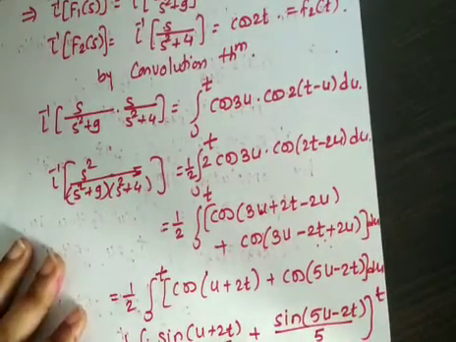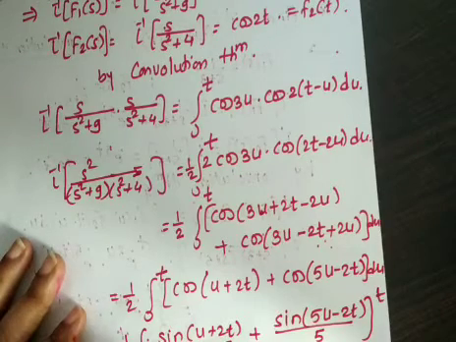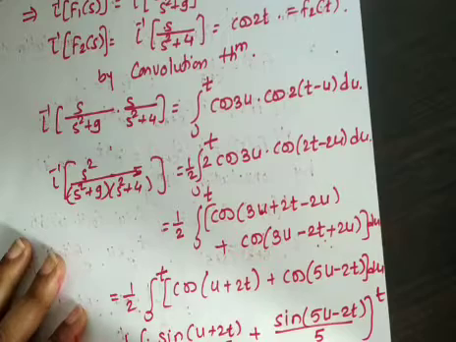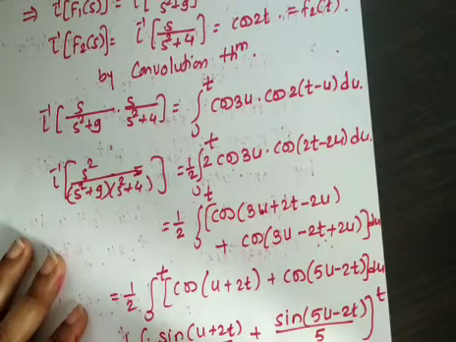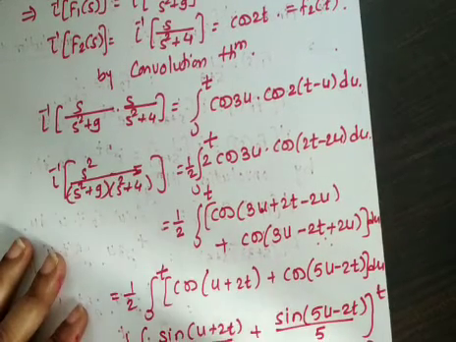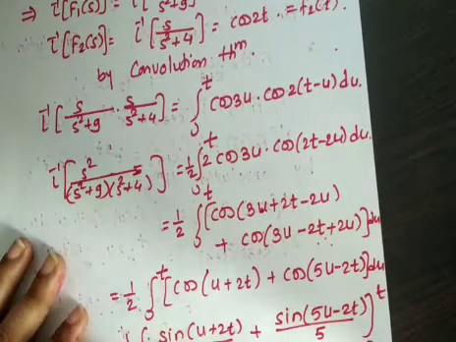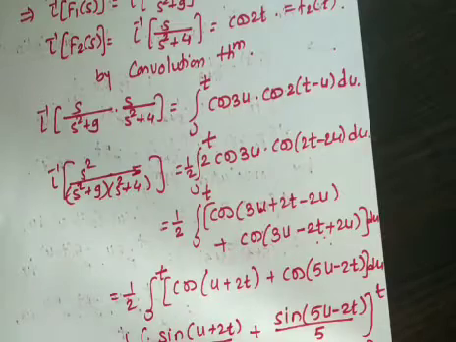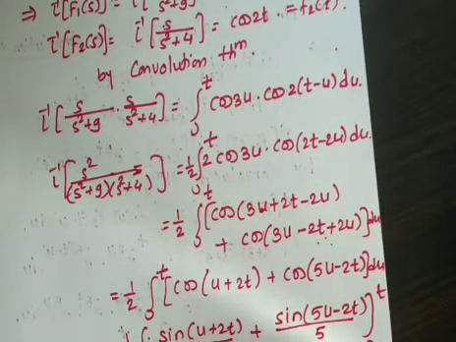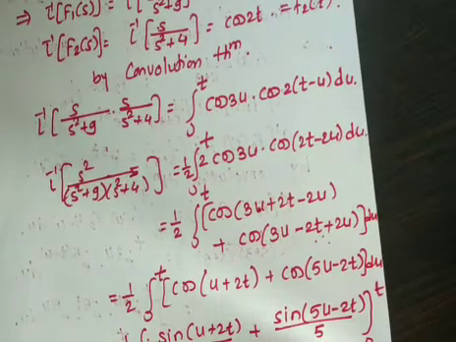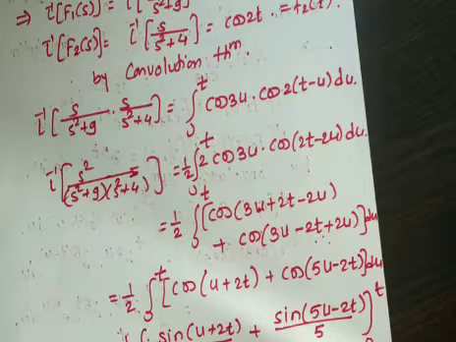That is equal to 1/2 [upper limit, if u is t, sin 3t plus sin(5t minus 2t) by 5, which is sin 3t by 5, minus lower limit, if u is 0, that is sin 2t, and plus sin(minus 2t) by 5].